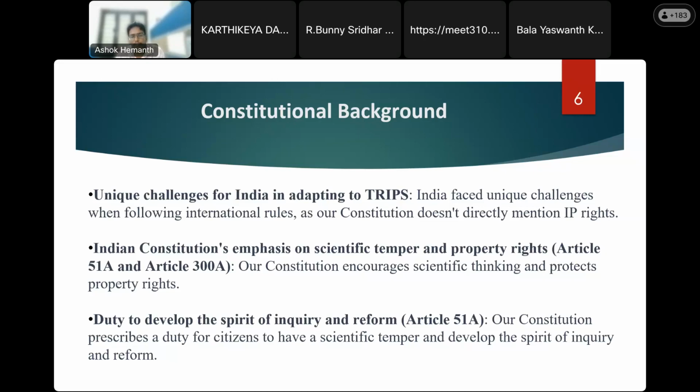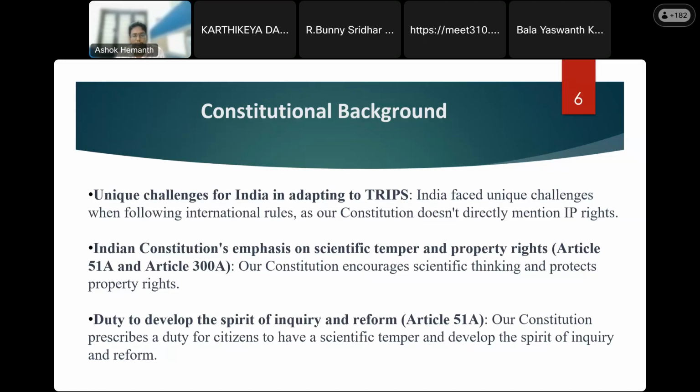Intellectual property is a human creation, and these things also will be protected, because we have Article 300A, which gives the right to protect property. So intellectual property is also a property. That's the reason we enacted this law. For the purpose of scientific temper, and because we need to protect property rights as per the Constitution, we also enacted these laws.